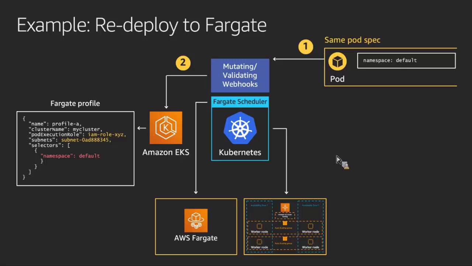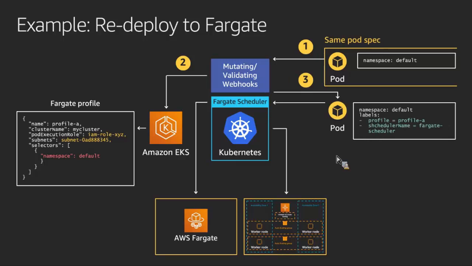In this case, there is a match because you have just created a Fargate profile that will generate that match. In that case, the mutating webhook will mutate the pod spec on the fly, will insert the profile name that is going to be used with the custom Fargate scheduler, and this pod, the very exact same pod that you were running on EC2 instances, will start running on Fargate.